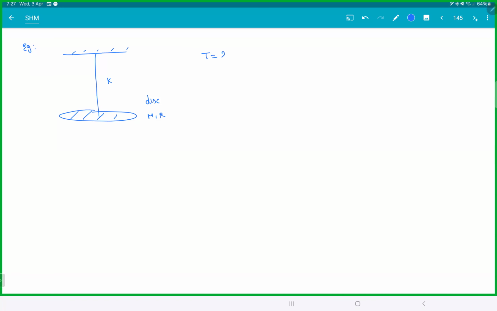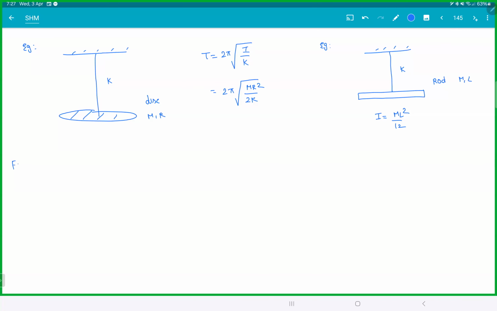The time period is 2 pi root over I by k. I of the disk is mr square by 2. That's it. If they give you a rod and if you keep it like this and if you twist it, same thing. Just put I is equal to ml square by 12.